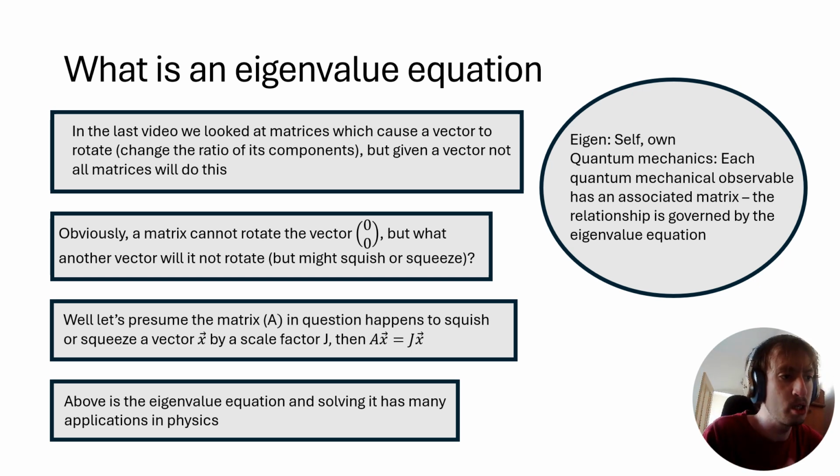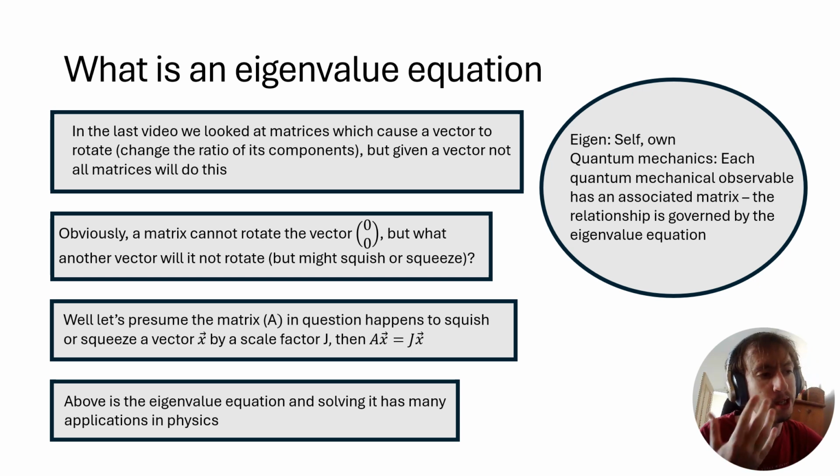And so linear algebra really was kind of fueled by quantum mechanics, hence a lot of jargon in linear algebra, particularly relating to matrices, use German words. So Eigen is the German word which means self or own, so something that is referring to itself.